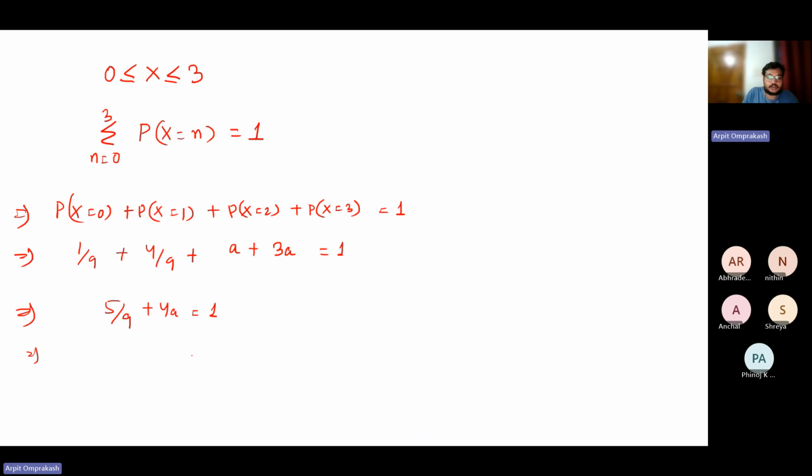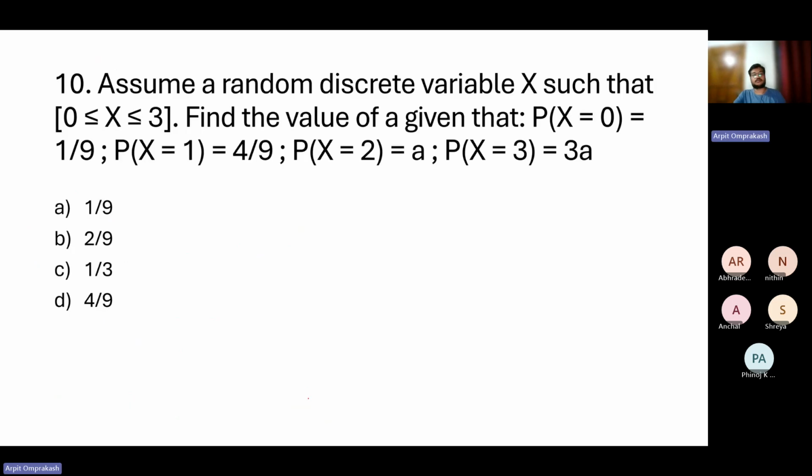If we take 5 by 9 to the other side, we have 4A is equal to 1 minus 5 by 9. So 4A is equal to 4 by 9, since this will be 9 minus 5, which is 4 by 9. And if the 4 cancels out, we have A is equal to 1 by 9. Right. The answer here will be option A, which is 1 by 9.